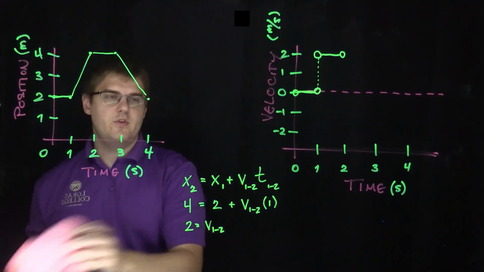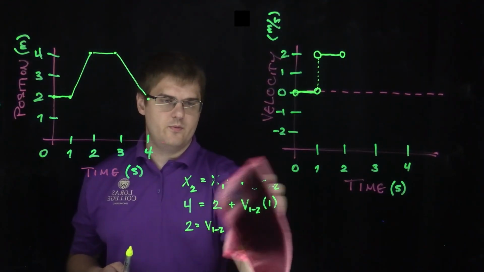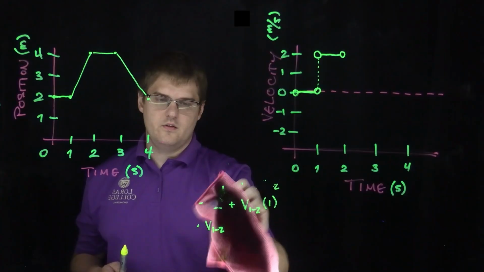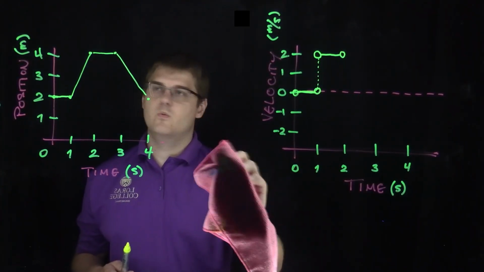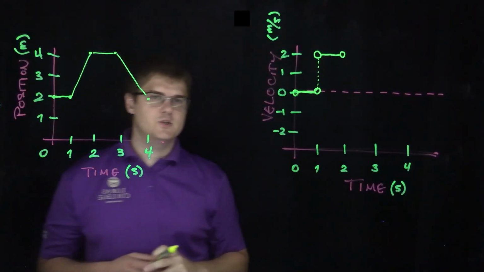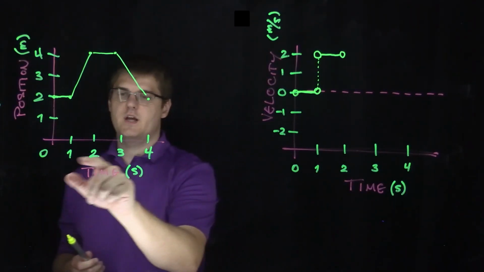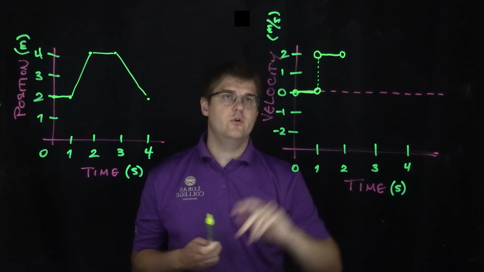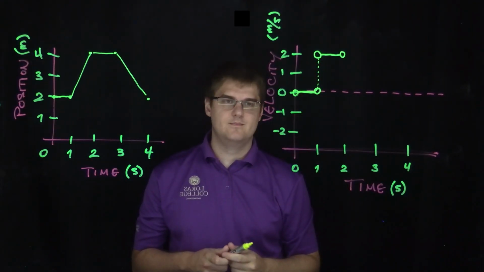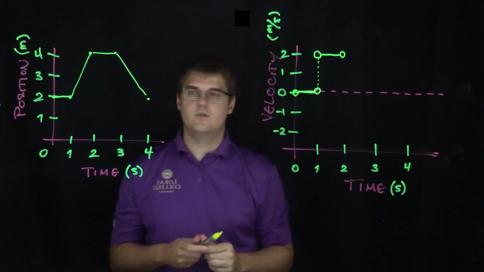Again, we can do the same thing with the slope. The change in height, 4 minus 2, which is 2, divided by the change in time, 2 minus 1, which is 1. 2 divided by 1 is 2. There's our slope. Easy enough.